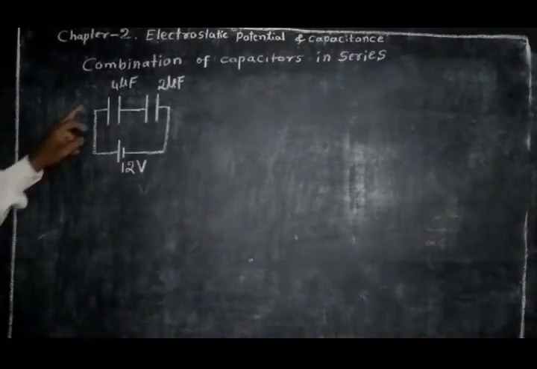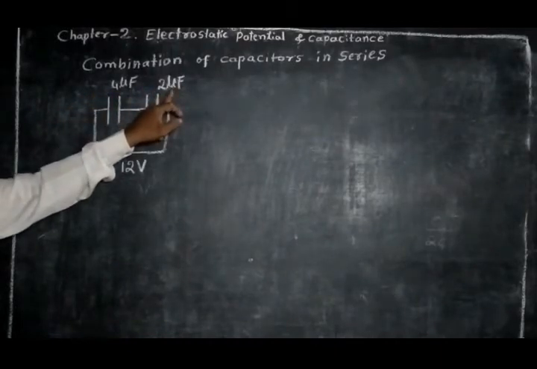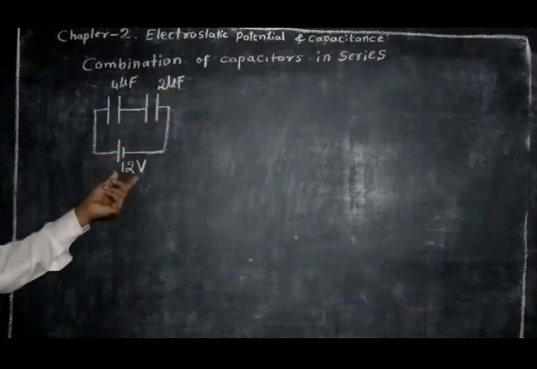Therefore, here given C1 equal to 4 microfarad, C2 equal to 2 microfarad and phi equal to 12 volt.